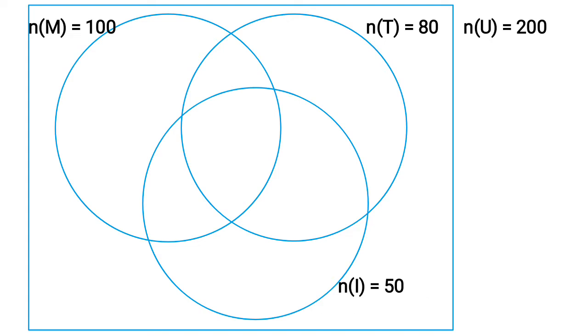All right, so now that we have been able to identify each of the circles, we are going to look at the intersection of all, which we don't know. So we are saying X should represent the intersection of all, or those who complained of all the three disorders, right?